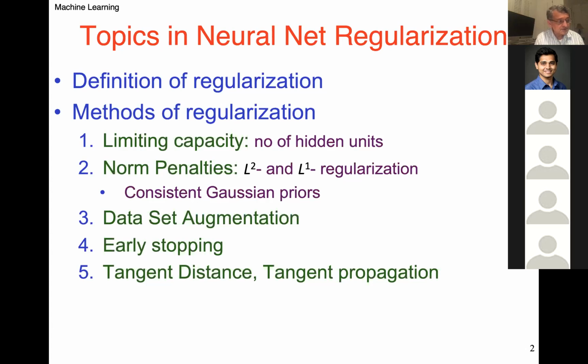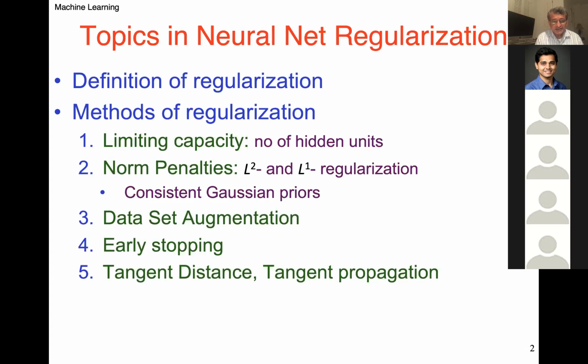Use more nodes, but use a good method of regularization along with it, such as norm penalty, L2 and L1 regularization. As long as you have another way of regularizing other than limiting the number of hidden units, the performance is better. So it has to have some capability to learn, and then use a good regularizer.